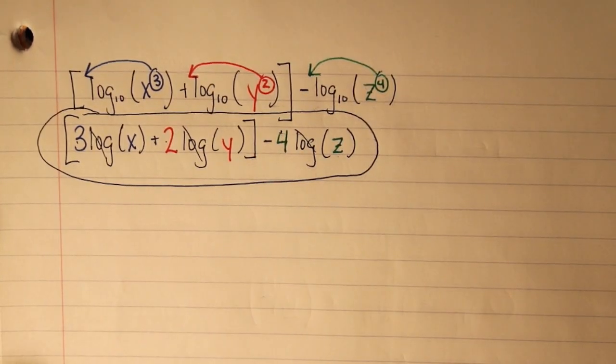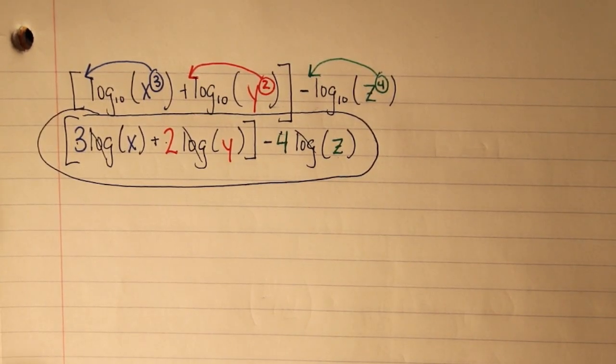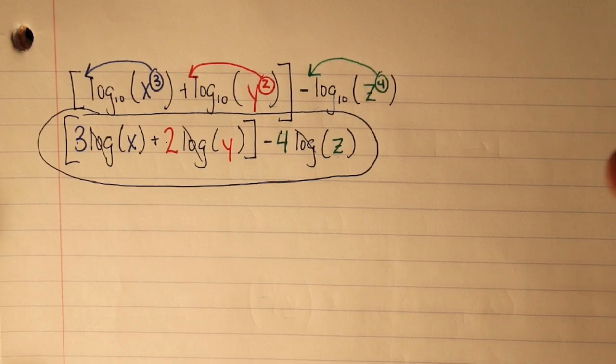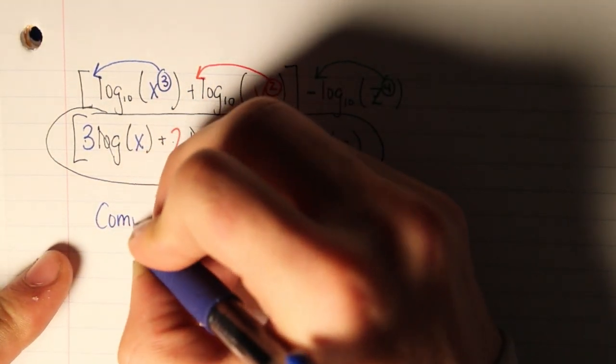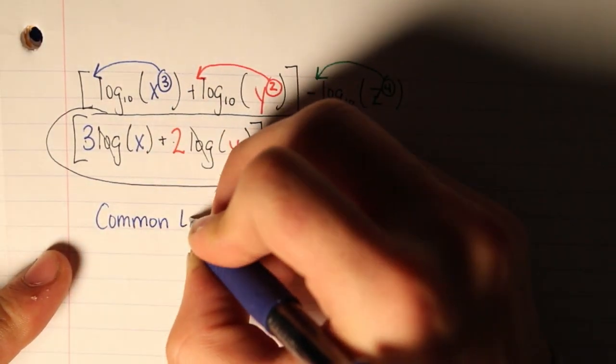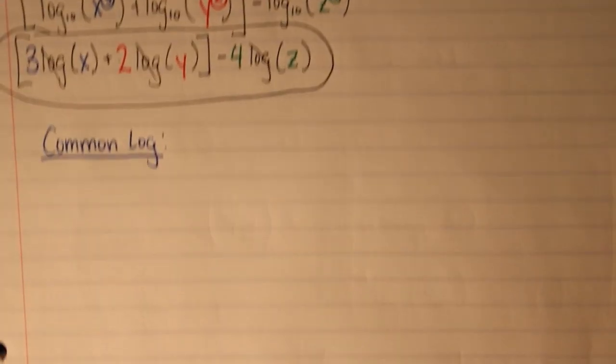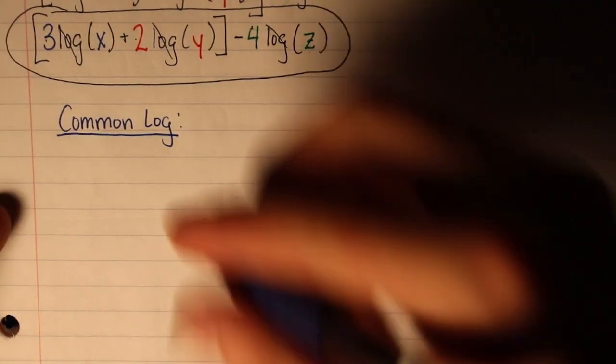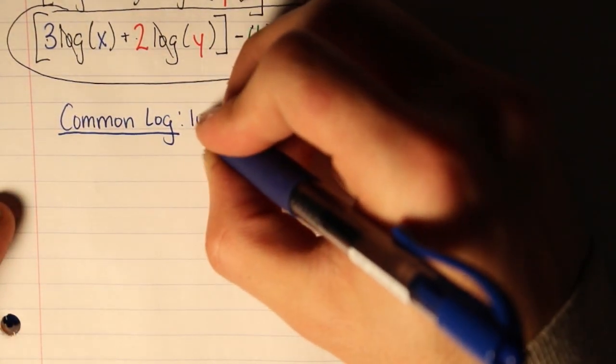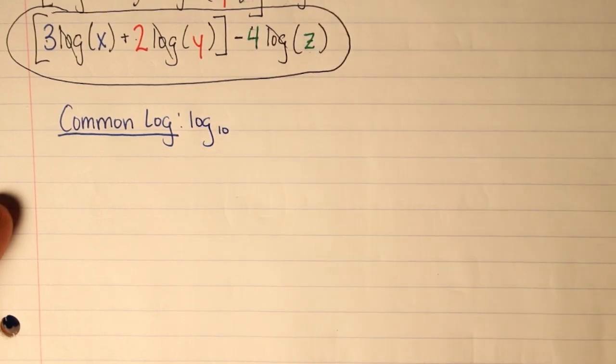Now, the common log and the natural log. I don't want you to think too much into this. It's just different notation. The only reason it's called the common log is because this is the log that is used the most often, and that log is log base 10.